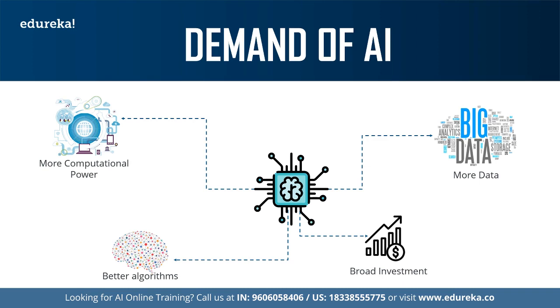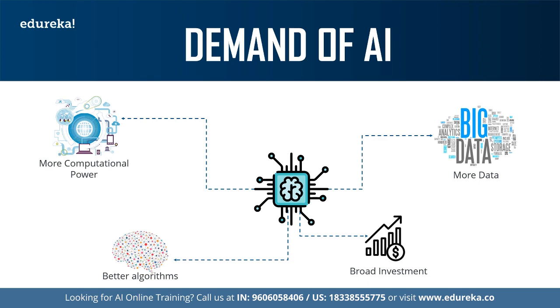Because of the broader investments, higher computational power, and a lot of data availability, a lot of research also started going on in this field. Invention of better algorithms happened, and because of that the effectiveness of the solutions increased, which made even non-tech companies start investing in AI.